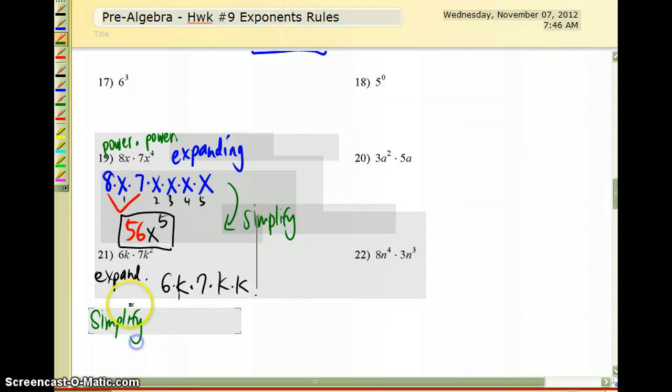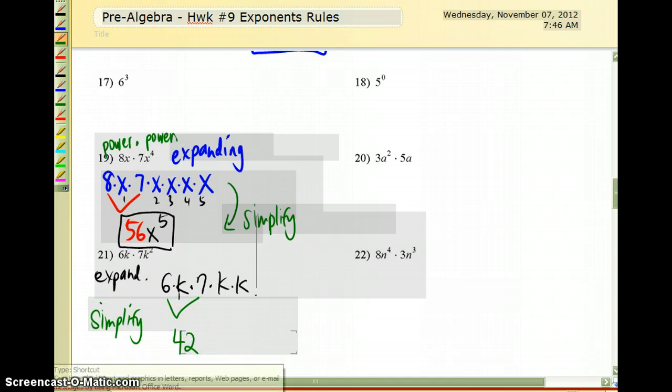This gives me a perfect understanding of what the final answer is and how I got there by working it out through the expansion. And again, expanding is the safest way to do your problem when you simplify. So to simplify it to just one power, I'm going to multiply the 6 and the 7, which gives me 42. I'm going to take the k's and put them all together, and that will give me k to the 3rd power, and that's my final answer there.